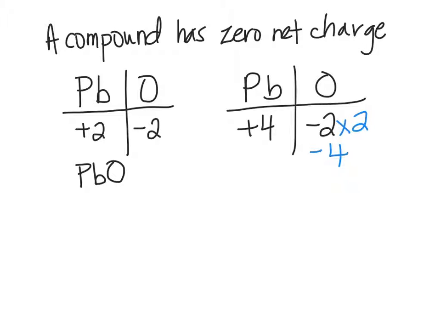Whatever number you multiply by becomes your subscript. So this formula is PbO2. You'll notice that you don't have to divide by any common multiplier for this. It just straight up gives you the formula.